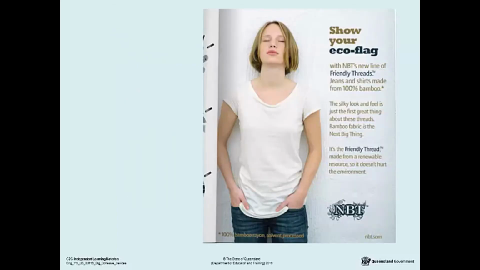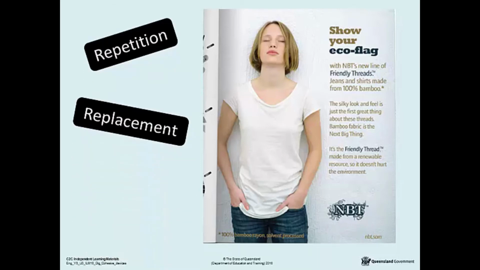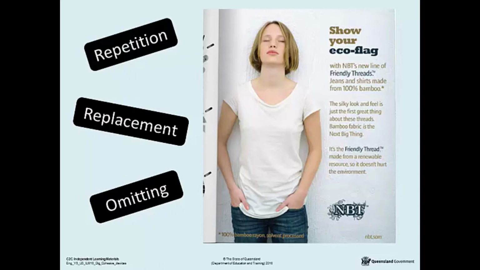Let's take another look at the advertisements we have looked at so far to see if we can find any cohesive devices in them. Remember, we are looking for repetition of words, replacement of words with synonyms, and omitting words that aren't needed. Firstly, let's look at what words have been repeated to show that they are the key words. The word friendly has been repeated, making it clear to the reader that this is a good product.